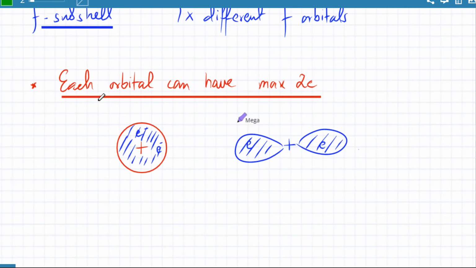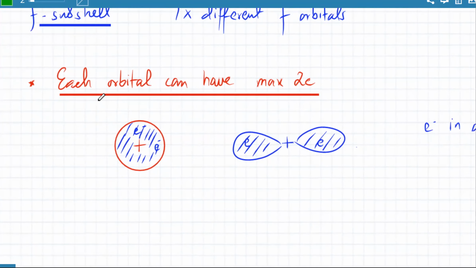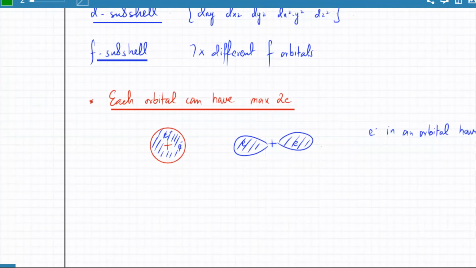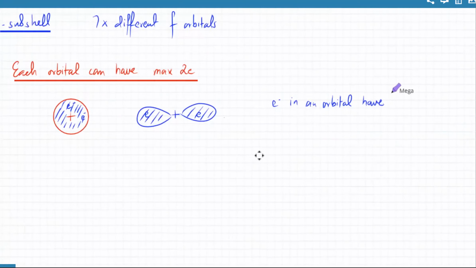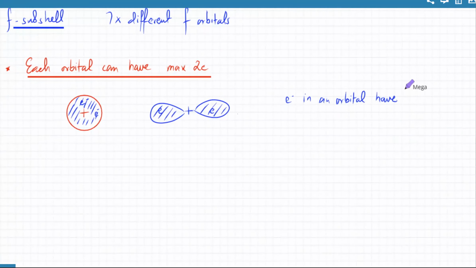And then there's another thing, which is that electrons in an orbital will have opposite spins.